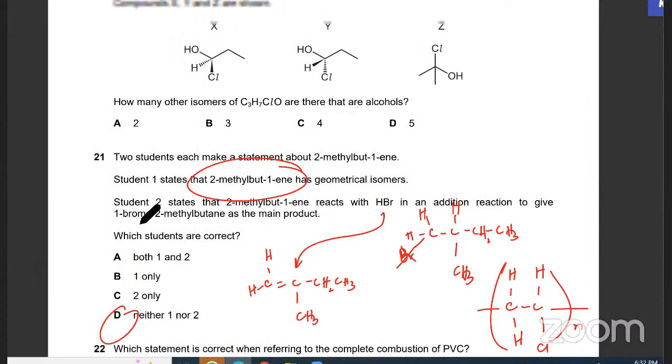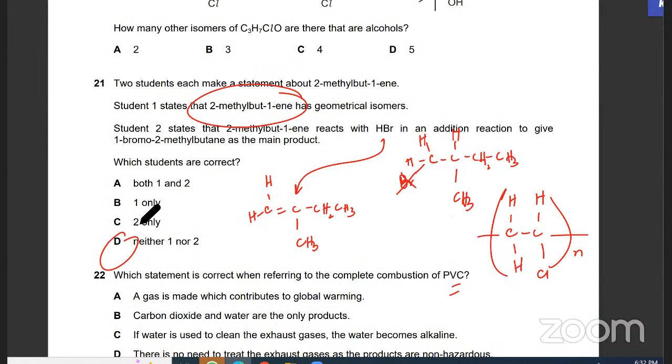Can you give a quick review on geometric isomers? For geometrical isomers, you need a double bond, and both groups attached to each double bond carbon must be different. The bonds would be at a 120-degree angle.